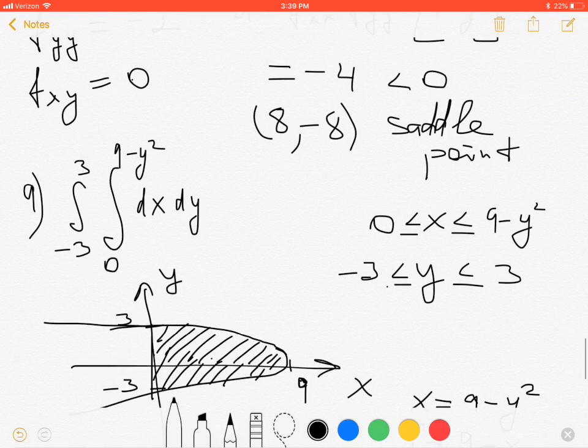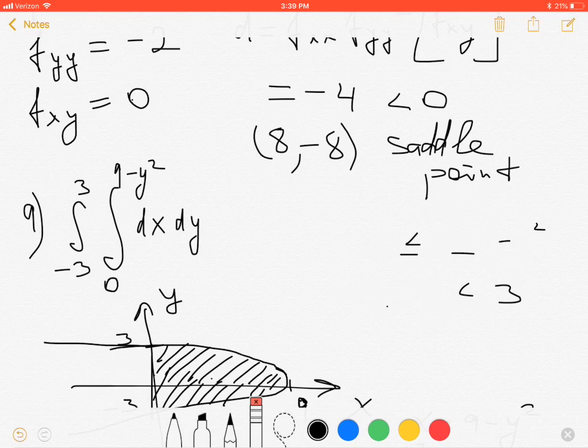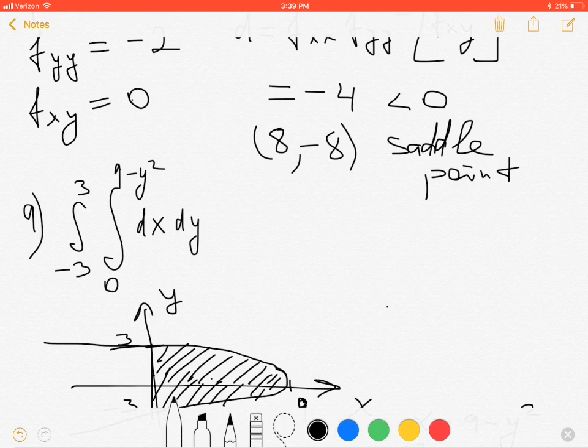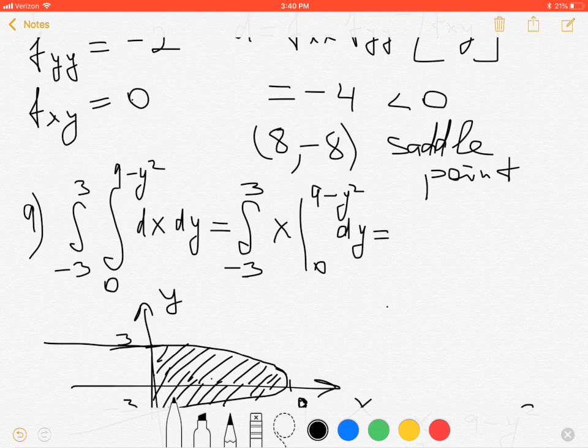Okay, we come back to our old one, and I write what happens with the different order. Okay, I clear here, and we have the integral from negative 3 to 3, x from 0 to 9 minus y squared, dy.